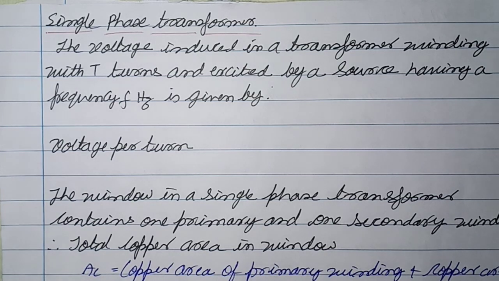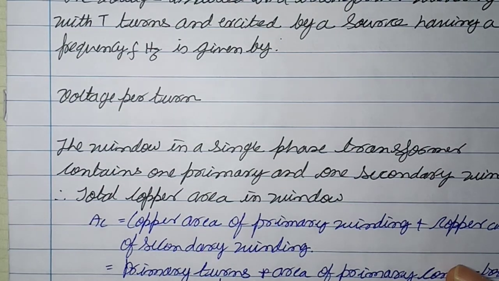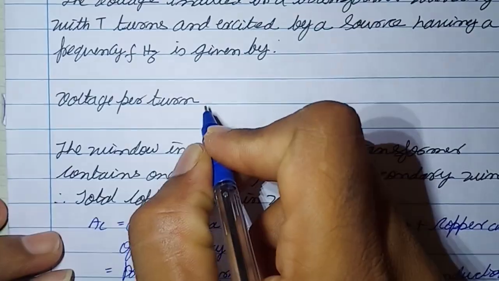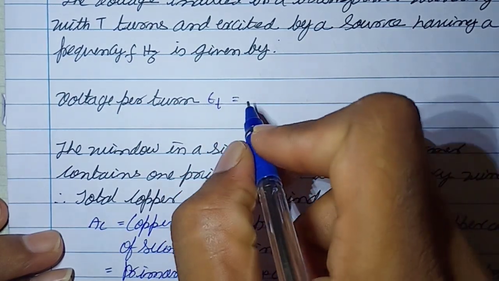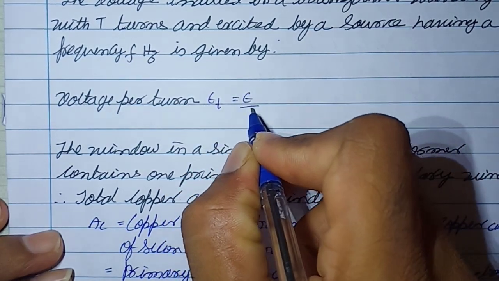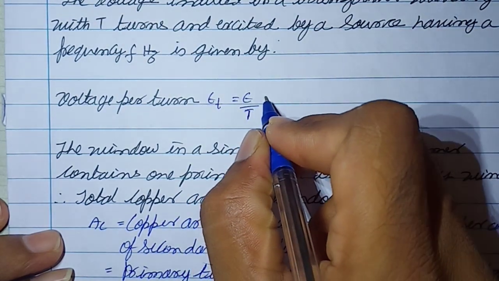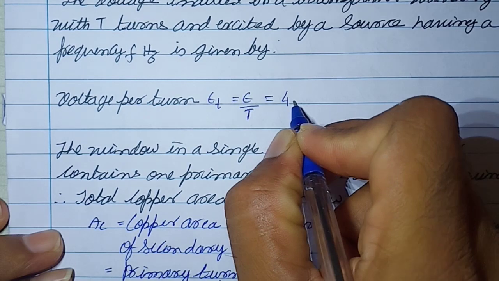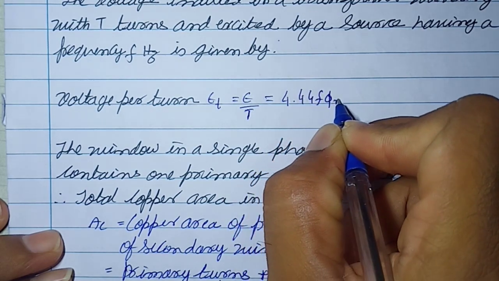Okay, so with the help of that, we are taking the equation for voltage per turn, that is ET, which is equal to the induced voltage divided by number of turns, which is equal to 4.44 F phi m, right?